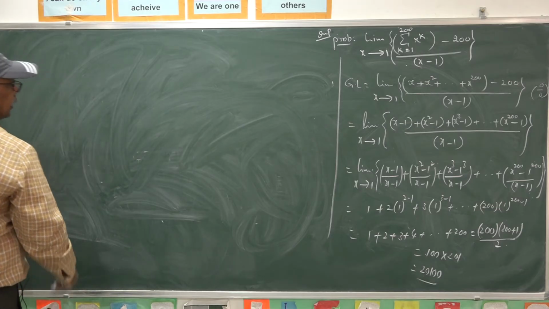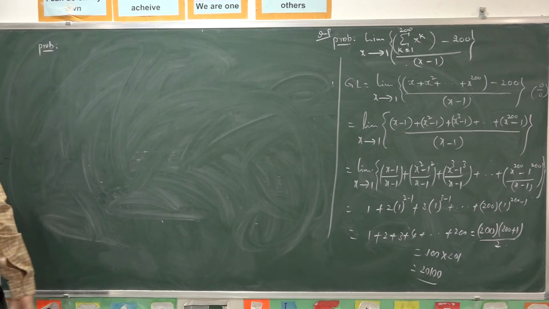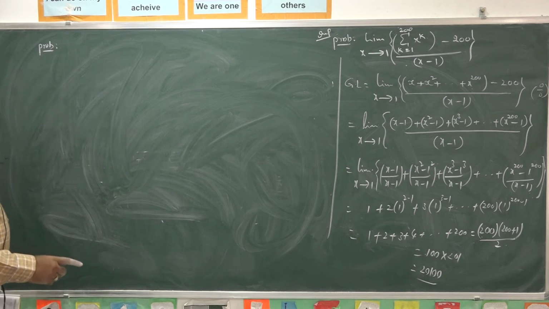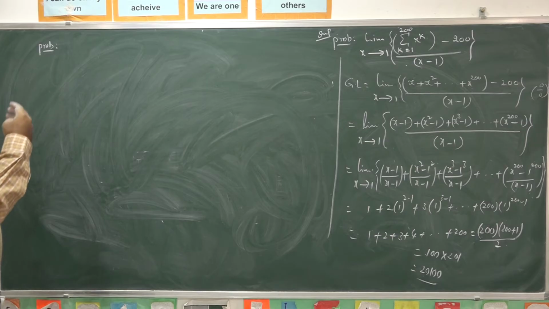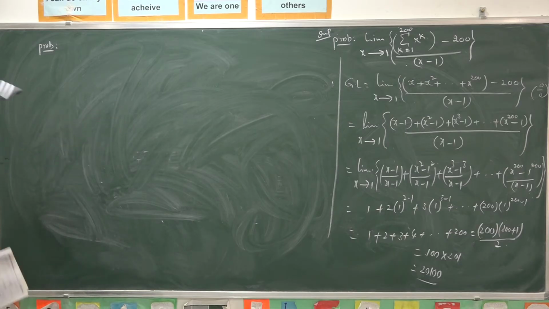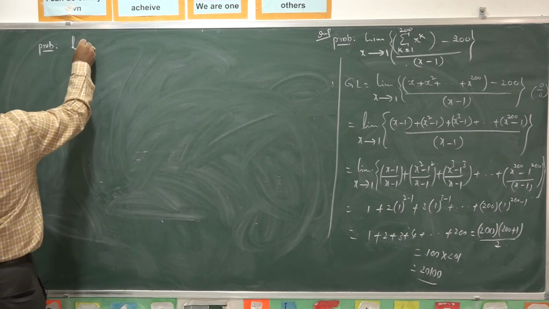In certain cases, you have to simplify the function, and on simplification you may get a common factor, and on cancellation of that common factor in the numerator and denominator, you may evaluate the limit. For such a model, you take this problem.